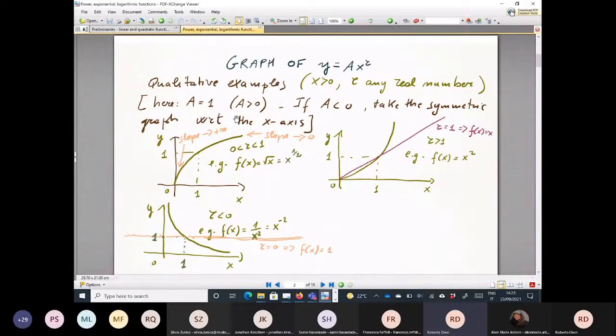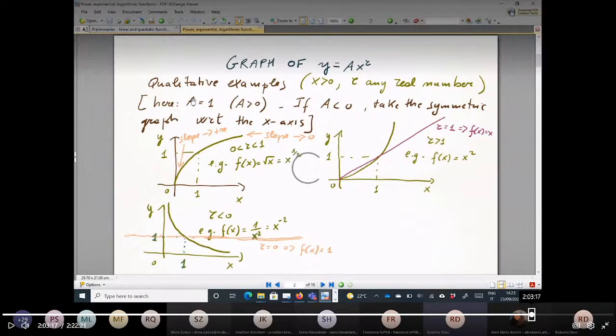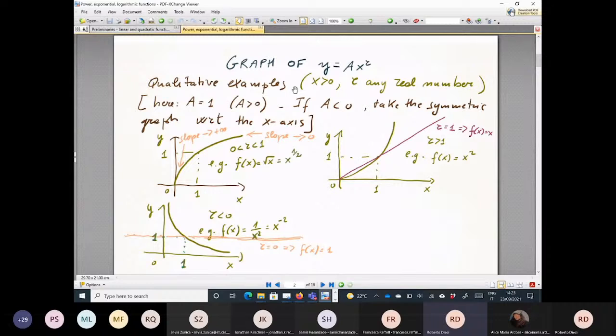Okay, I will show you with the Desmos some examples of what is the impact of capital A. So it's very convenient to consider the basic case x to the power of r with A equal to 1, okay? Because qualitatively nothing changes if then A is 2.